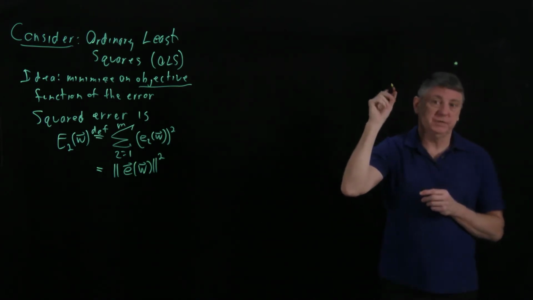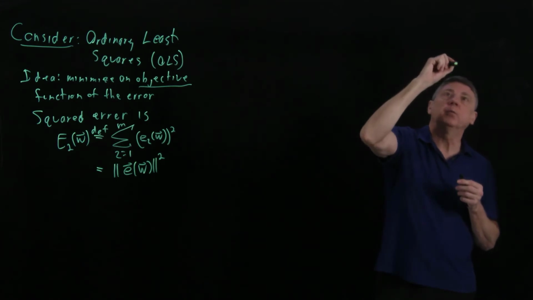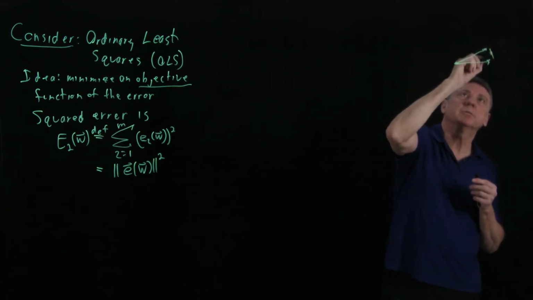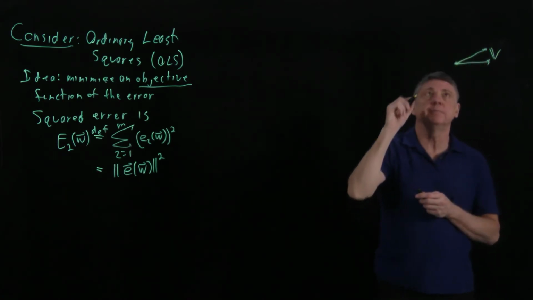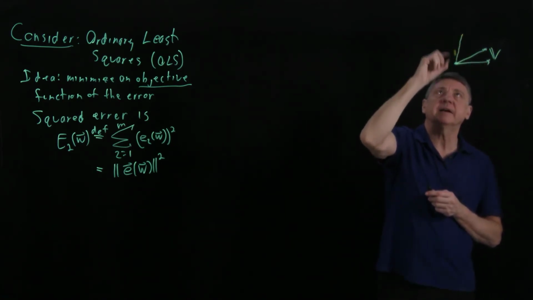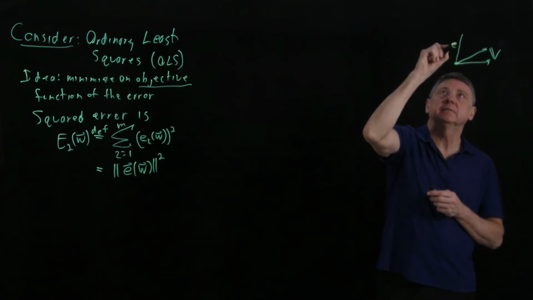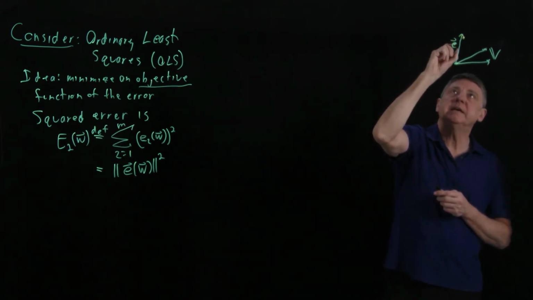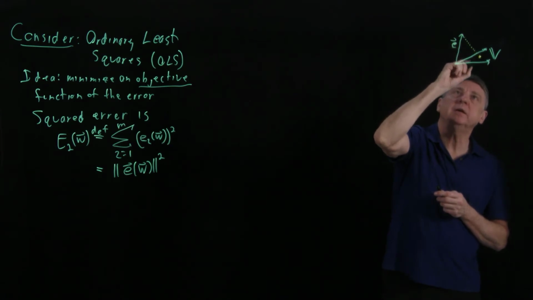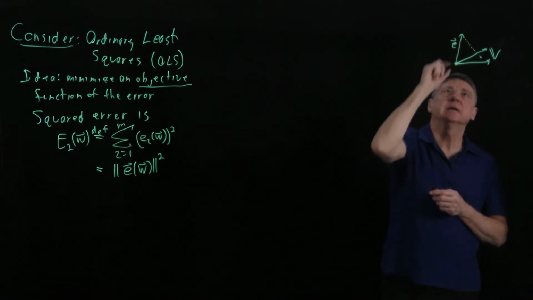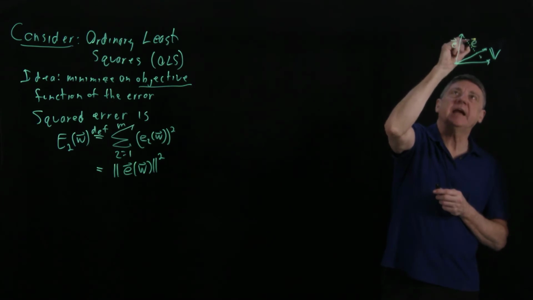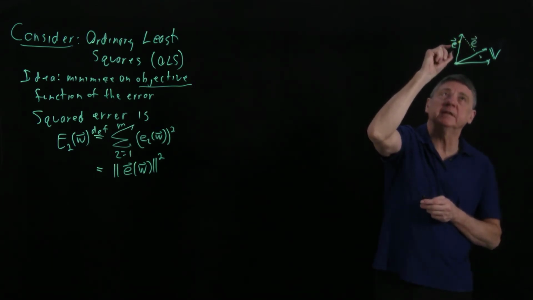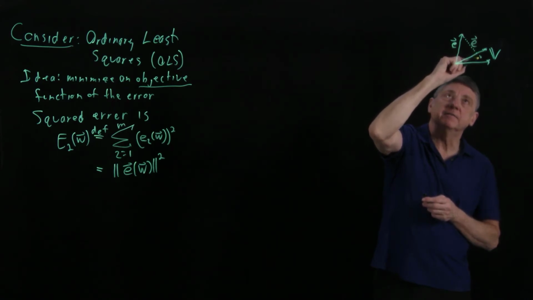Now, we've come across this already. So this is the origin. We always have to have the origin. When we had a vector space, which we write as double-barreled V, and we had a vector C that was given, we projected it, and the error vector was the difference between the vector that we were given and the vector space.